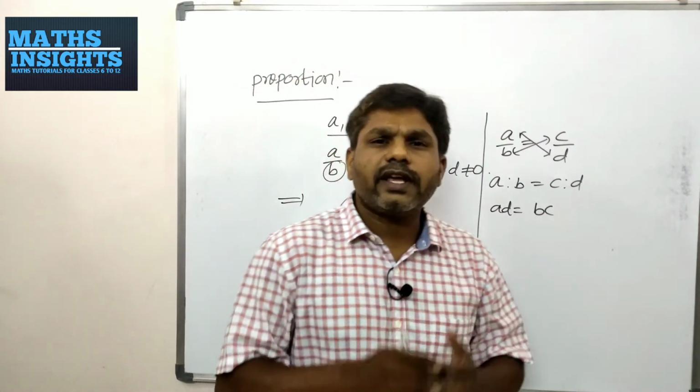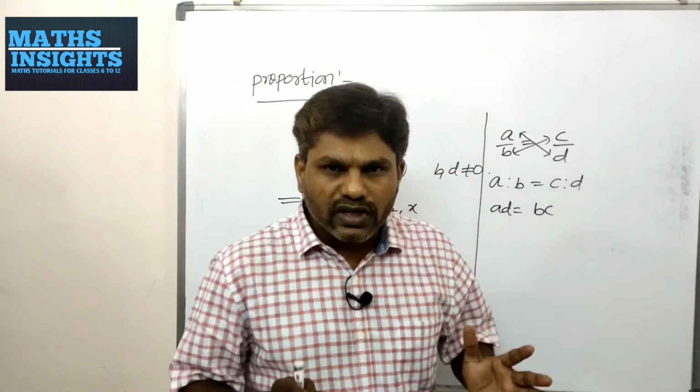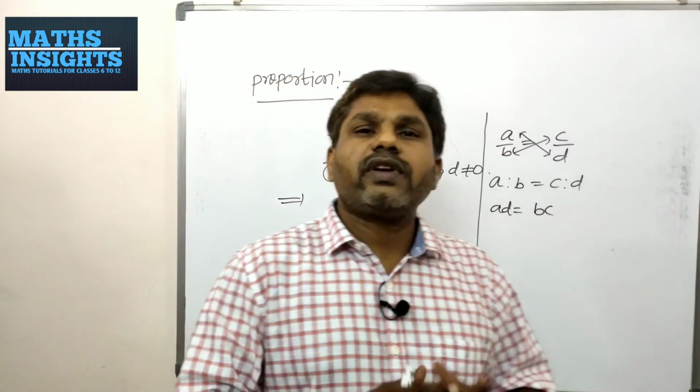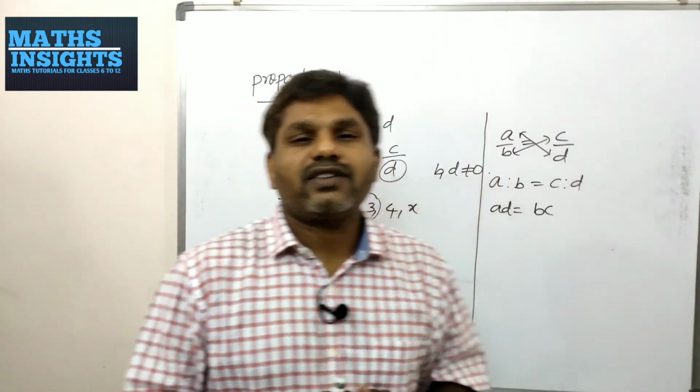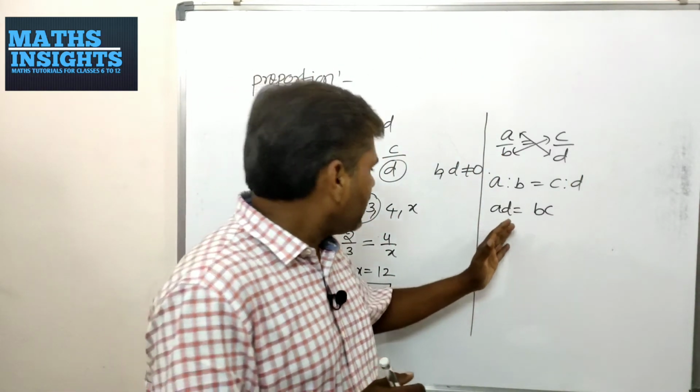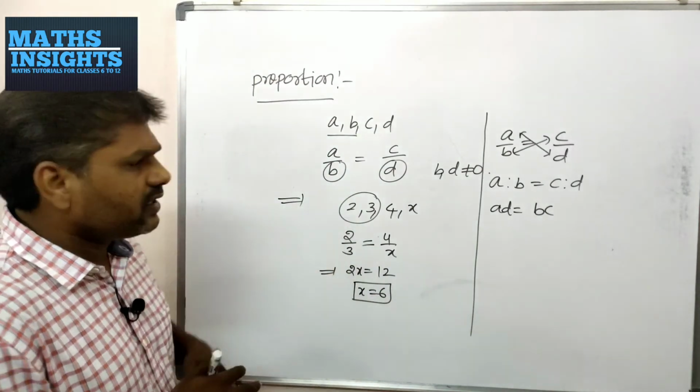So if you say that A, B, C, D are in proportion, then the product of extremes is equal to the product of means. Directly you can calculate in this case.